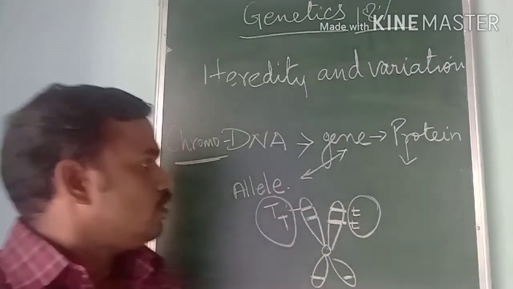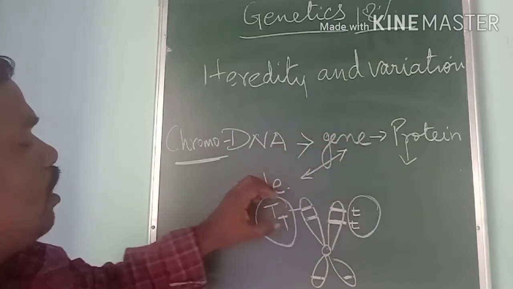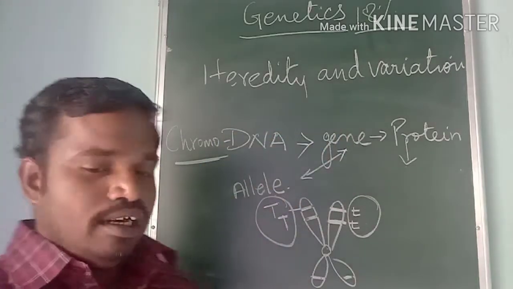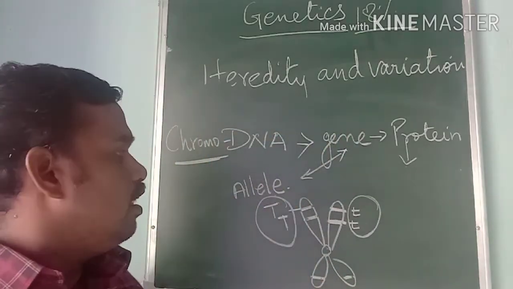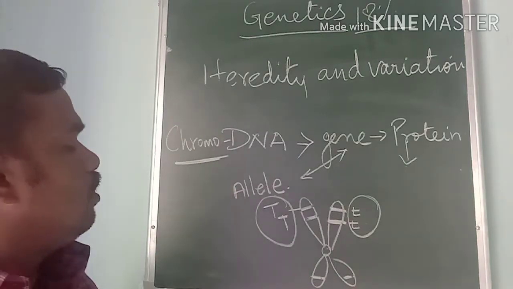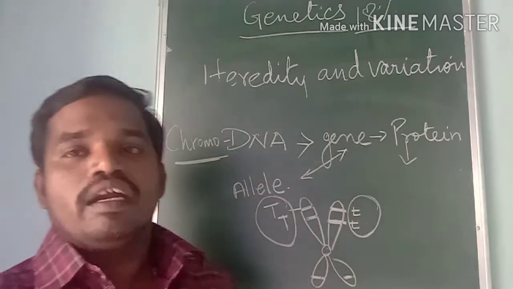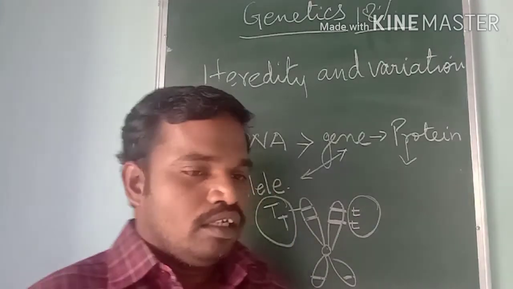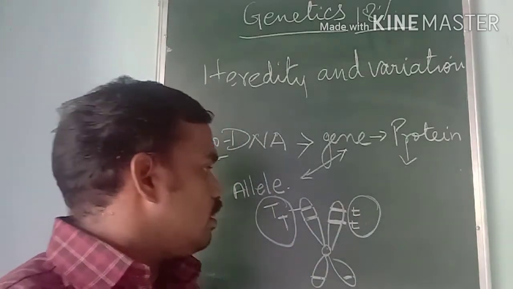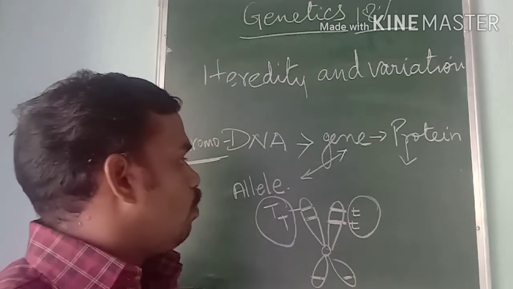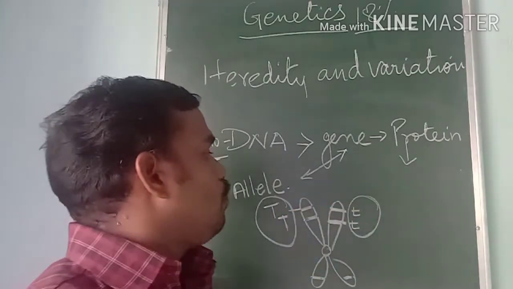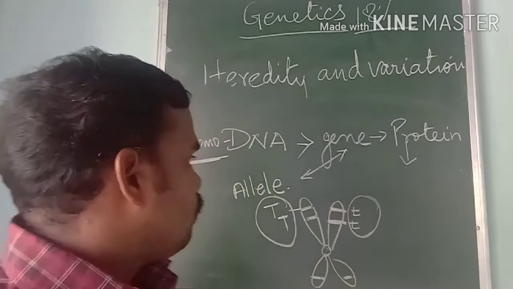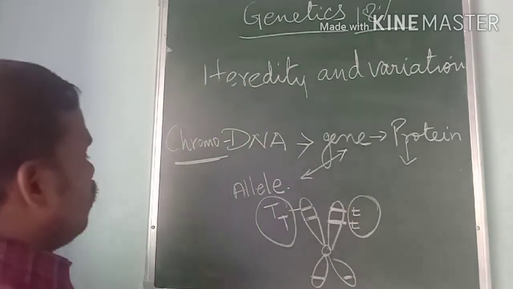Am I right? So the alternative form of a gene is an allele. One allele is dominant over the other allele. The allele of one factor that is dominant over the other and expressed phenotypically, we call a dominant allele.